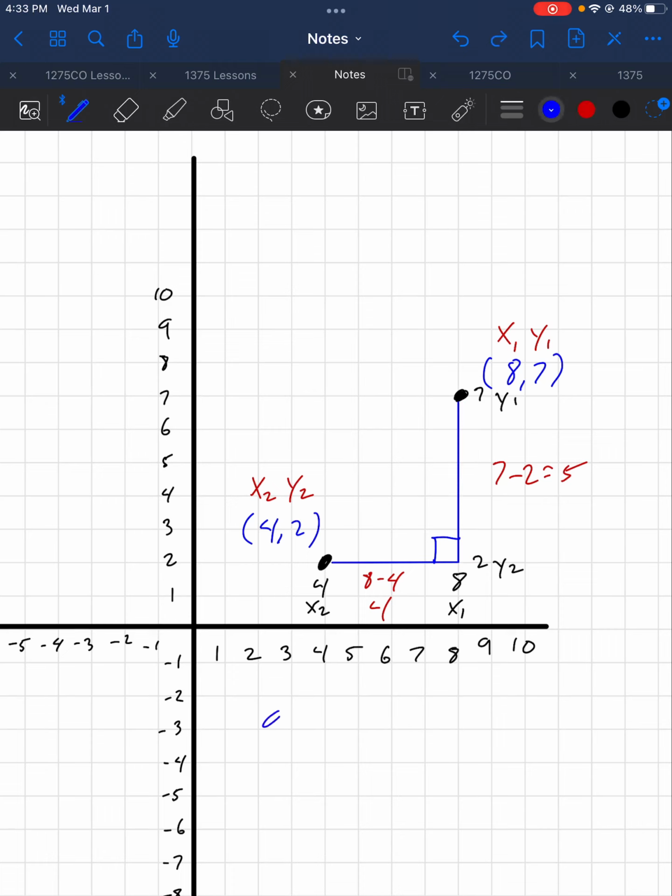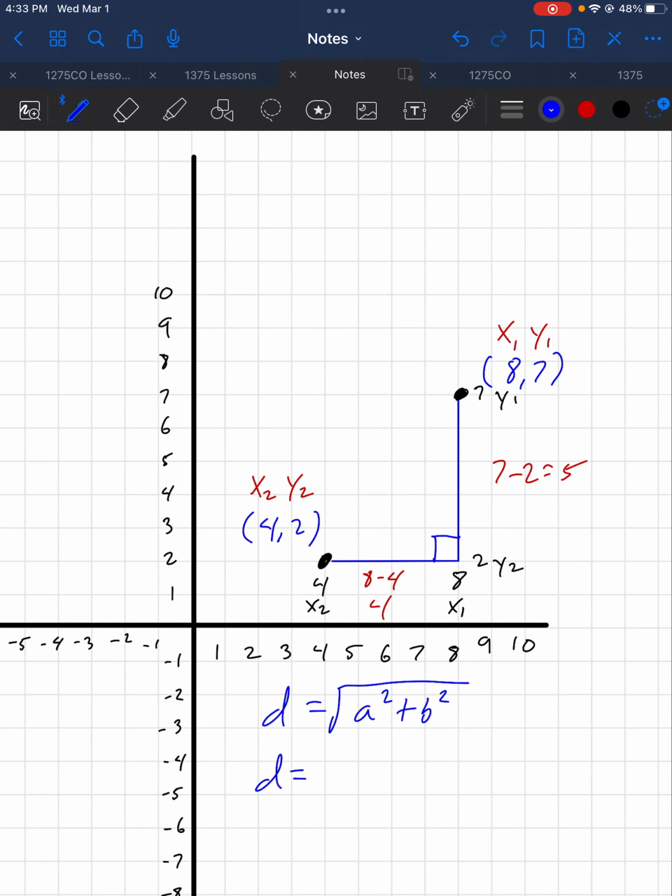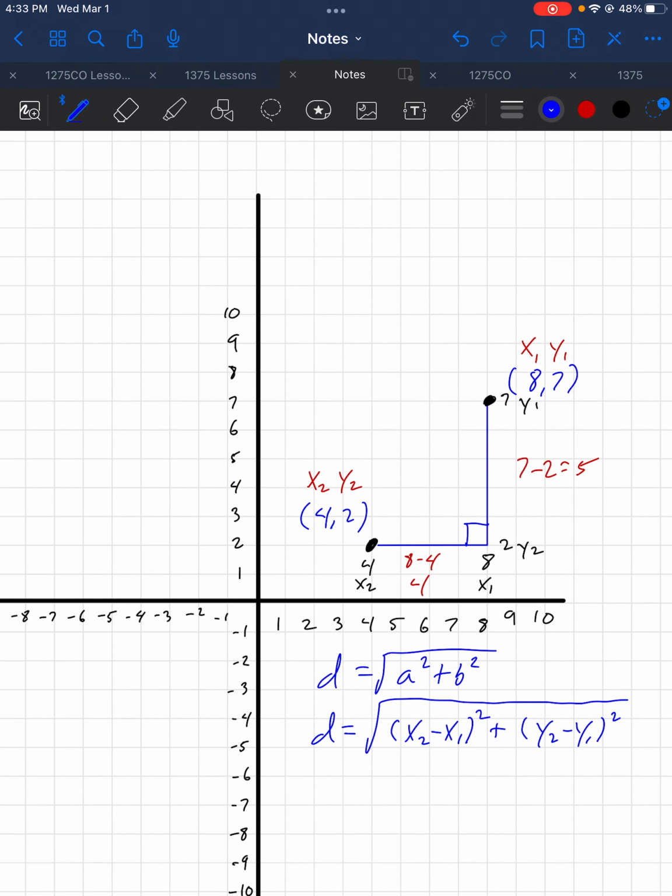So this formula of d equals a squared plus b squared inside a radical can be rewritten as d equals x2 minus x1 to the second power, because that is the same as this, plus y2 minus y1 to the second power, because y2 minus y1 is the same as this subtraction right here. And this is again inside the square root. And this right here is your distance formula.